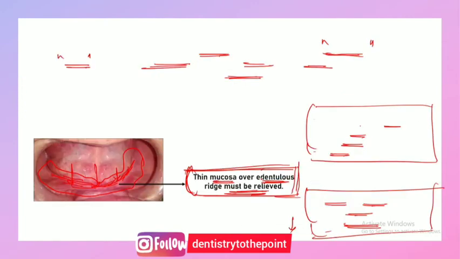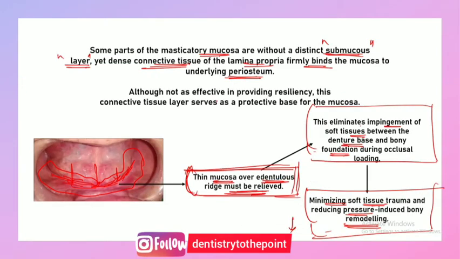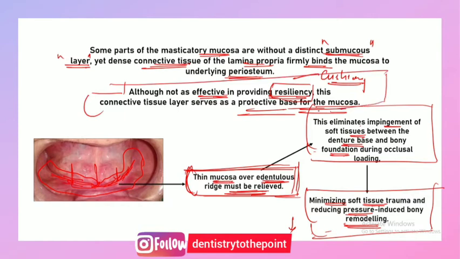So in that case, although it is not effective in providing resiliency or a cushioning effect, still it serves as a protective base for the mucosa. But you should not consider such kind of mucosa as a primary supporting or stress bearing area.